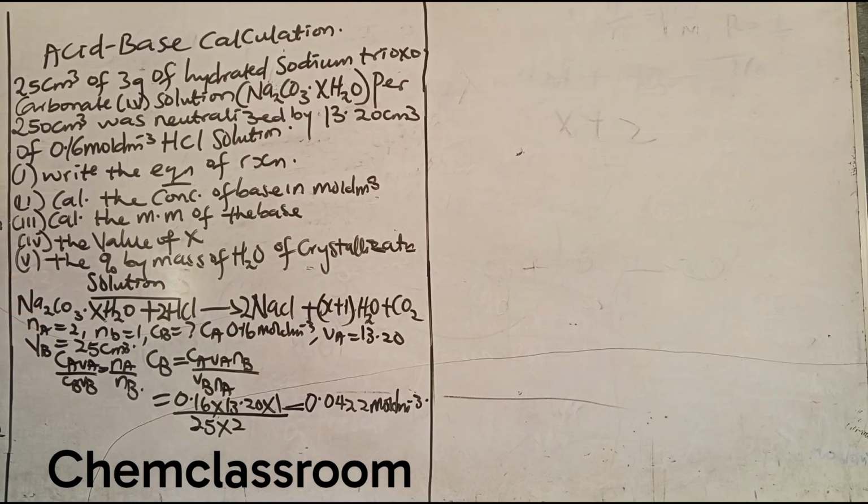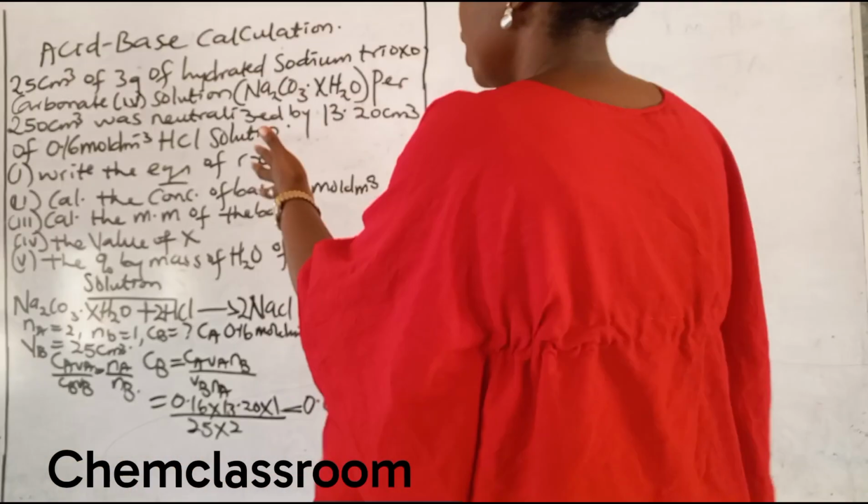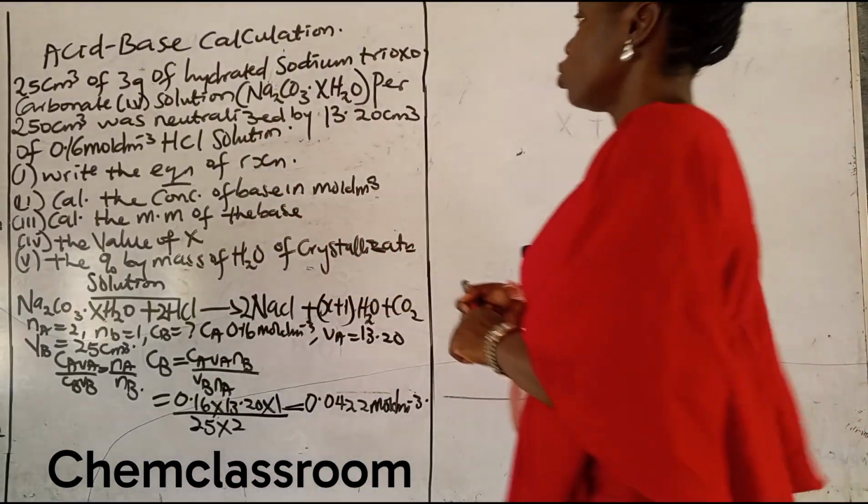So the next question says we should look for the molar mass of the base. Now the first thing we have to do is to convert. They gave us 3 grams of the hydrated Na2CO3 per 250 cm cube. So there is a little conversion that we are expected to do in this kind of question.